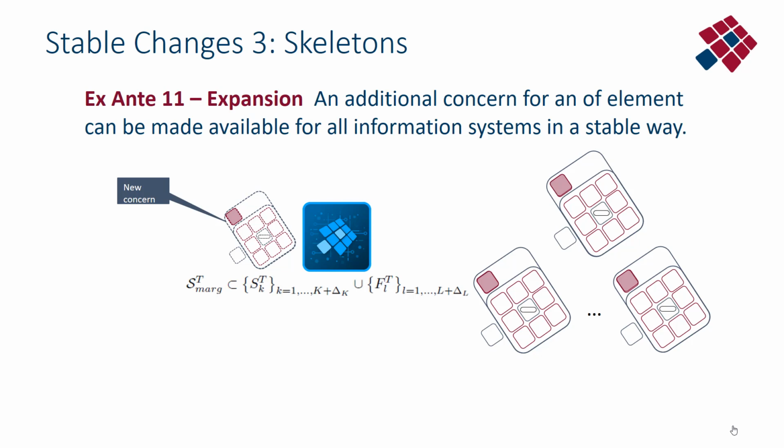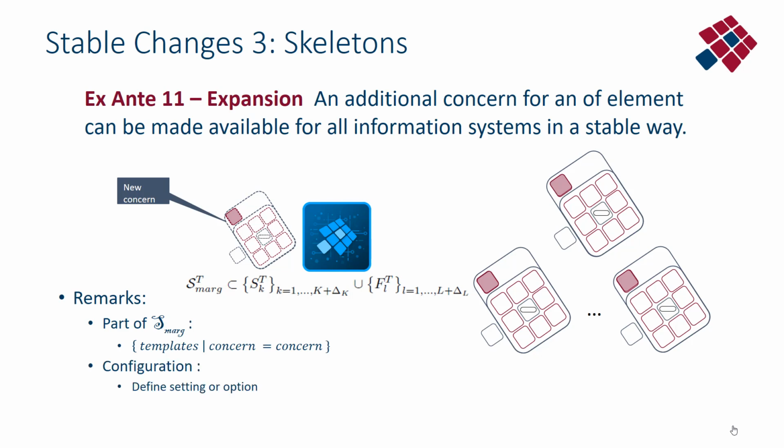And so the marginal set of classes for which you would have to make new versions would be bounded by the total set of existing and new template classes of that type of element, because it may of course impact not just the introduction of a new class in the element template skeleton, but also modify some existing template classes. So the marginal set would be all those template classes for which the concern is equal to the concern you want to add, and you could do this by setting an option.